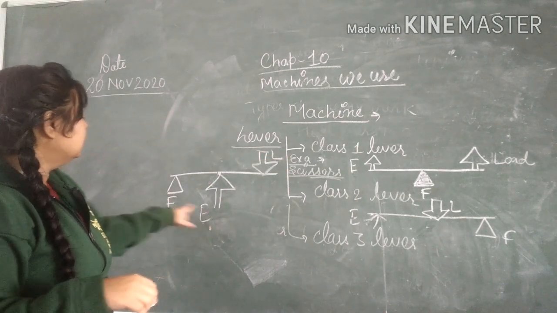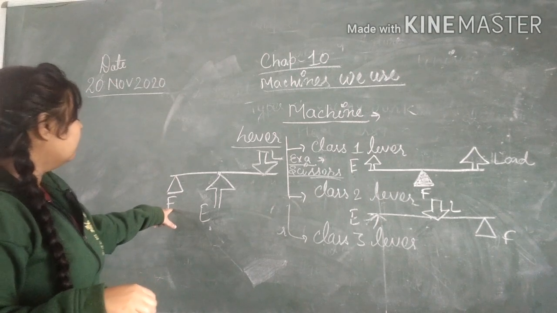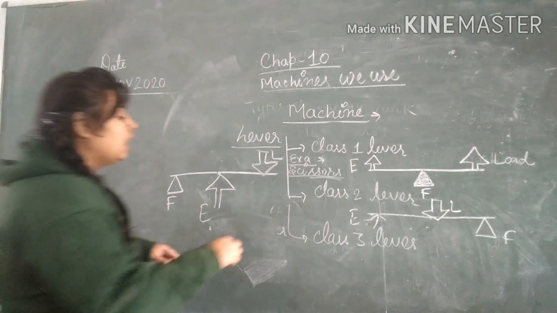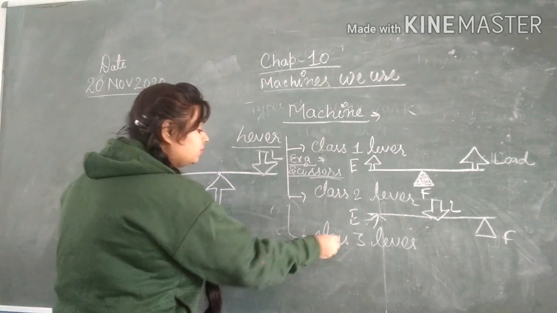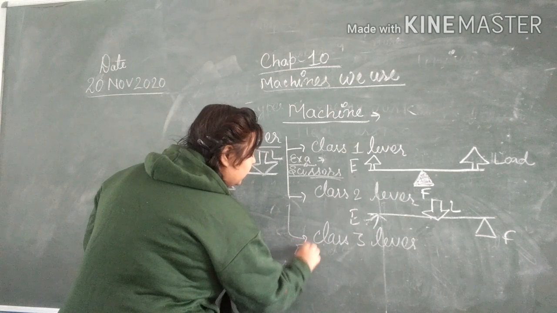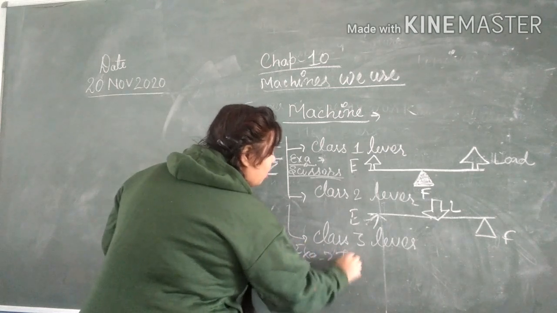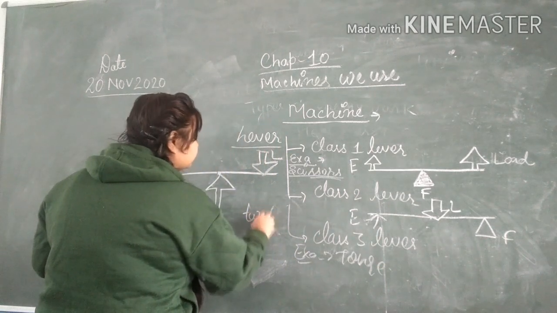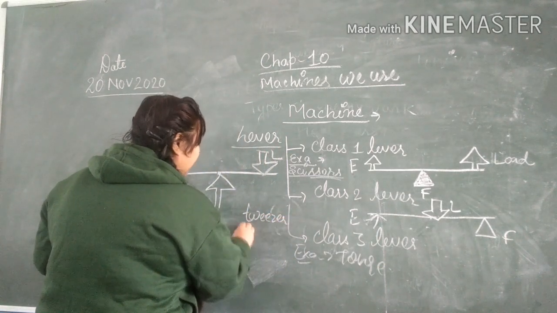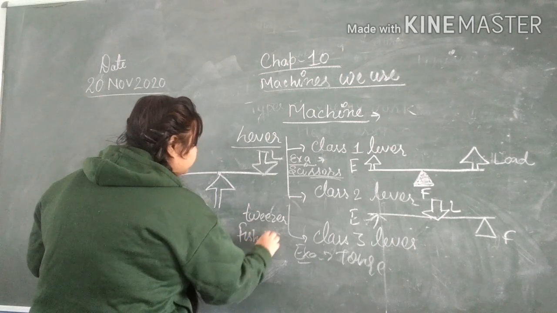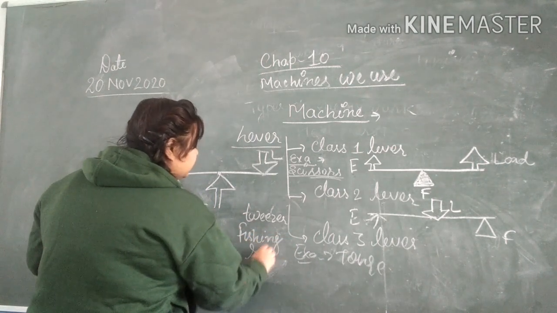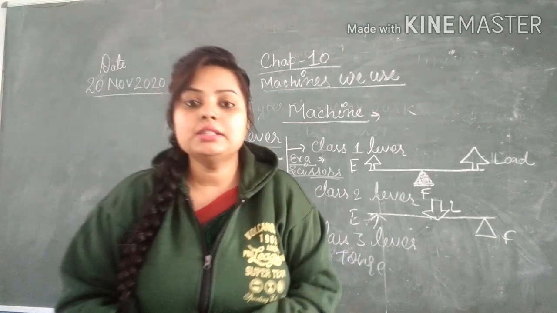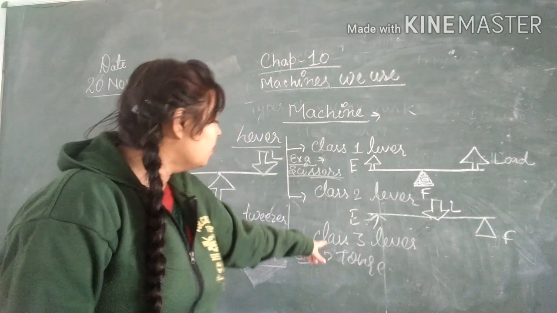So the effort is just between the fulcrum and the load. Examples of a class 3 lever are tongs, tweezers and the fishing rod.